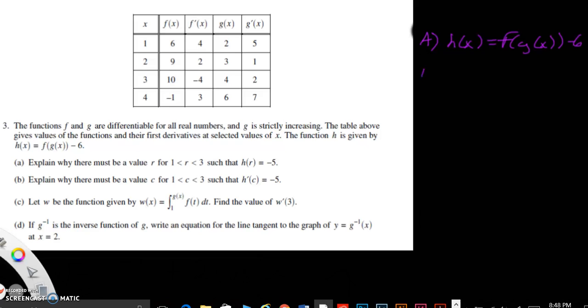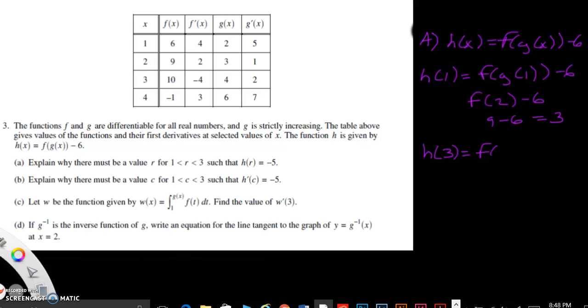So h of 1 is going to equal f of g of 1 minus 6. So what's g of 1? g of 1 is 2. So we have f of 2 minus 6. f of 2 is 9, 9 minus 6, so that's 3. That's h of 1. Now we've got to do h of 3.